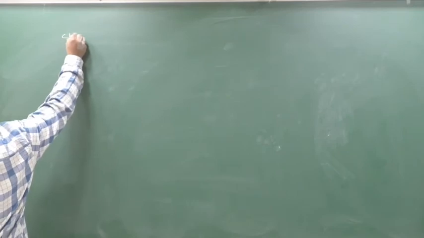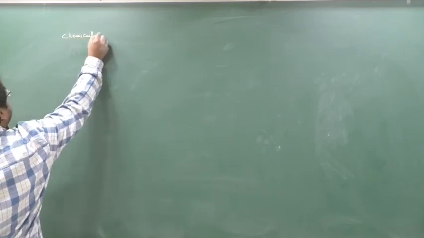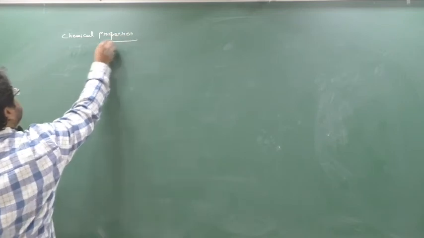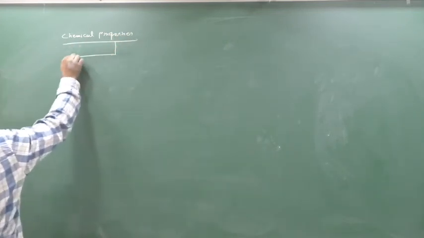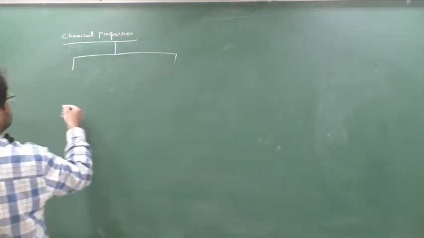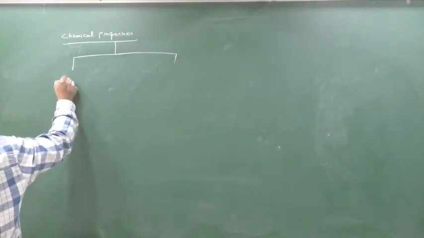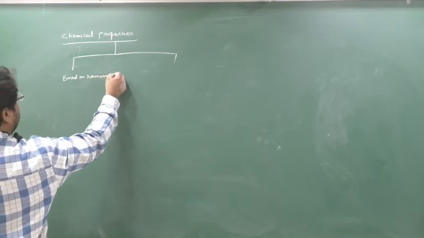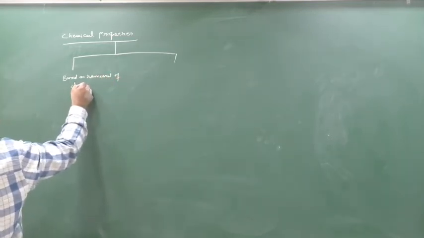Next is chemical properties. Okay, so chemical property has been categorized into two. First is based on removal of diazo group, that is N2 group.